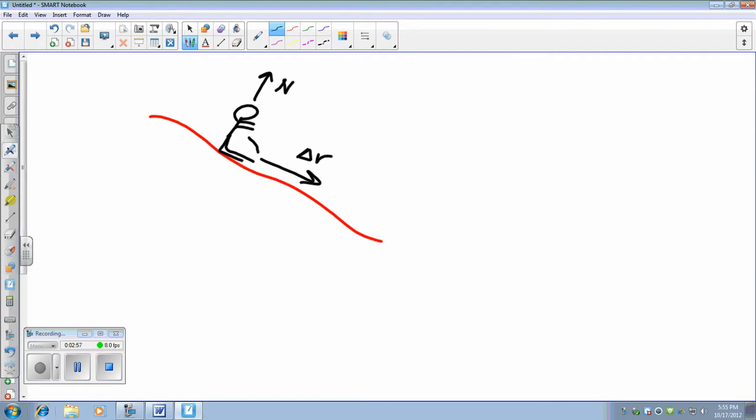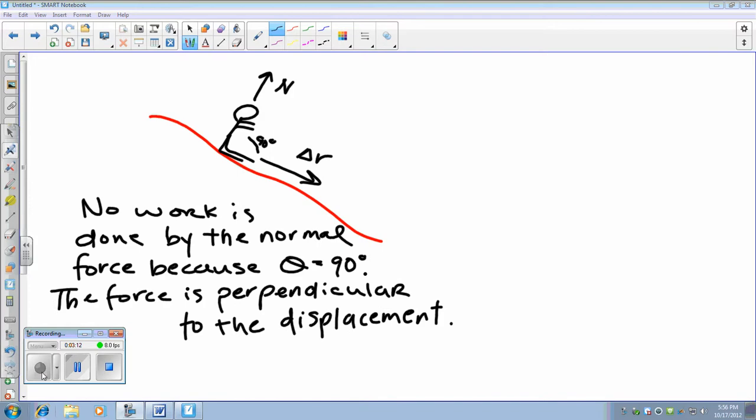And so we see that this 90-degree angle is going to result in the work done by the normal force being equal to 0. So no work is done. No work is done by the normal force because the angle is equal to 90 degrees and the force is perpendicular to the displacement. So that's that first example I want to go through.